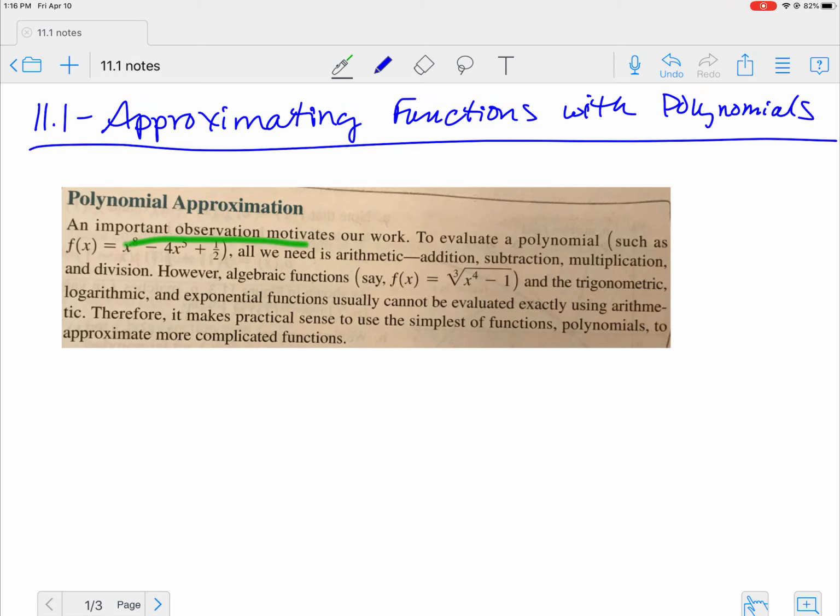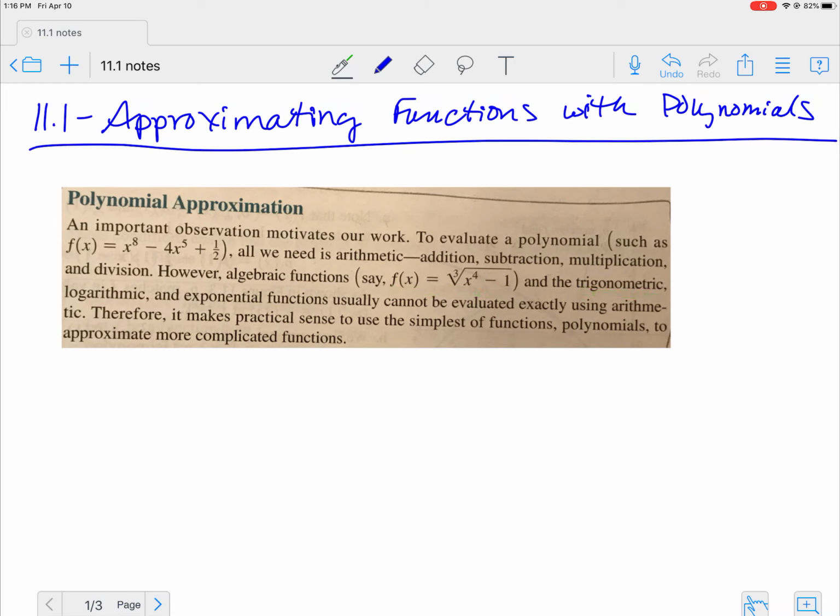An important observation motivates our work. To evaluate a polynomial such as this, all we need is arithmetic. You're just adding, subtracting, multiplying, and dividing, like basic stuff. Super easy derivatives, right? All these super easy, basic things that we're looking for. However, with algebraic functions, something freaky deaky like this, and trig functions, these are a lot of times called logarithmic, exponential.